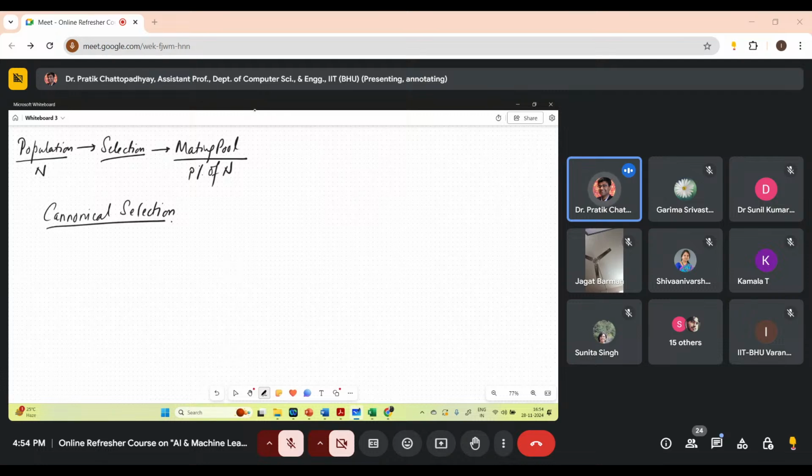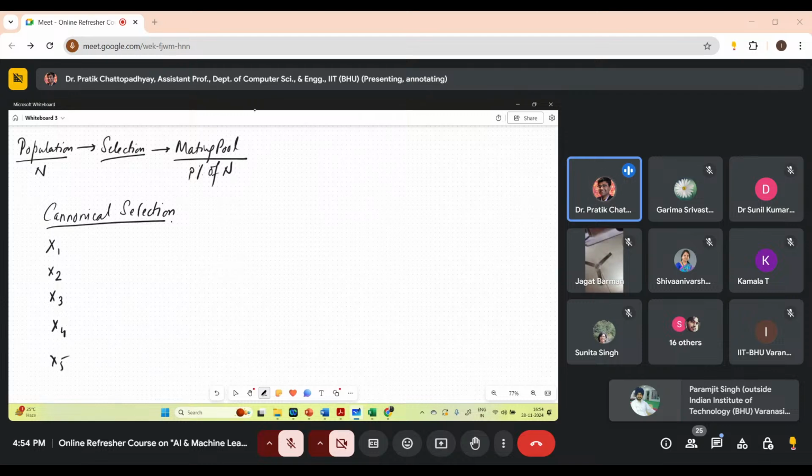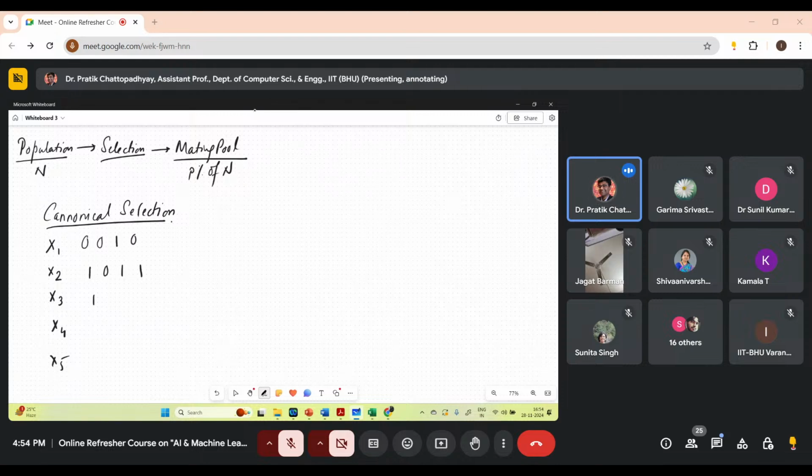We have this population, let's say X, and I am drawing a population of 5 individuals, X1 to X5. Say I have done some binary encoding, like 0010, of 4 bits. Let's say I want to minimize the function x square minus 5.